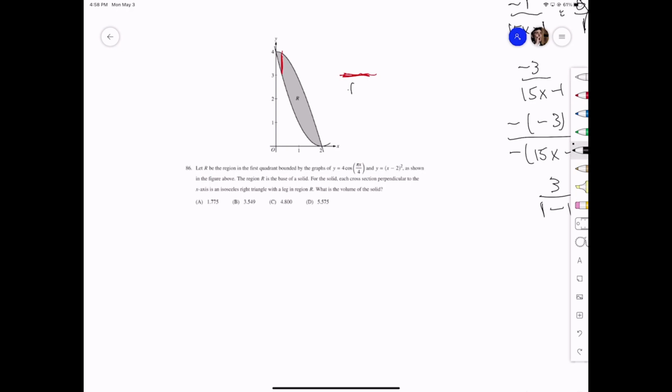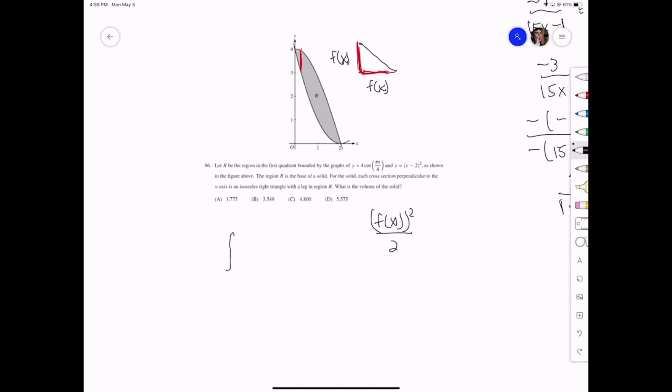This is f of x, and there's going to be another leg that's also f of x. So the area of each isosceles right triangle is f of x squared divided by 2. So you're going to integrate that from 0 to 2.